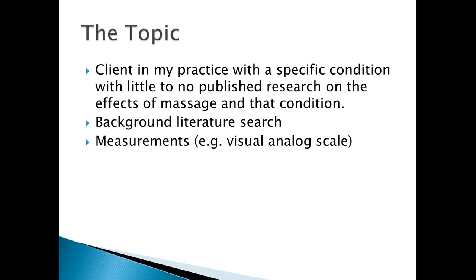I did come across tools that could be useful to me in measuring whether or not I was actually helping this client. So these were VAS measurements. VAS stands for Visual Analog Scale, and it's very easy to use. It's just a 100-millimeter line, and basically the client marks on it where they are on the line.